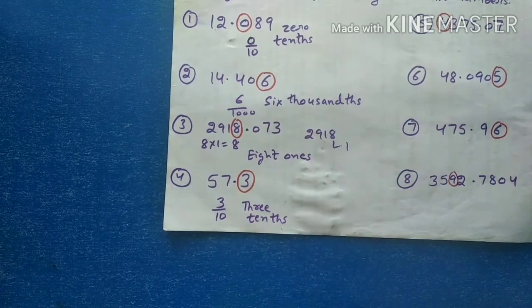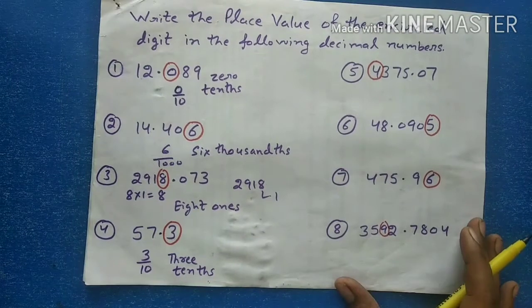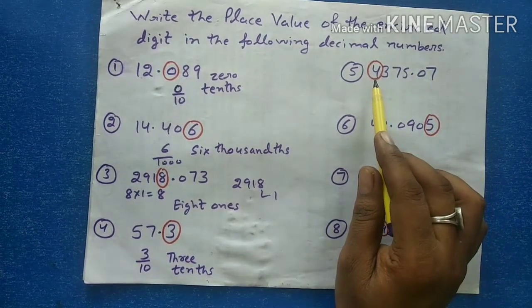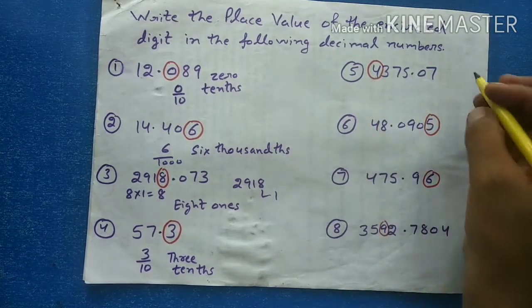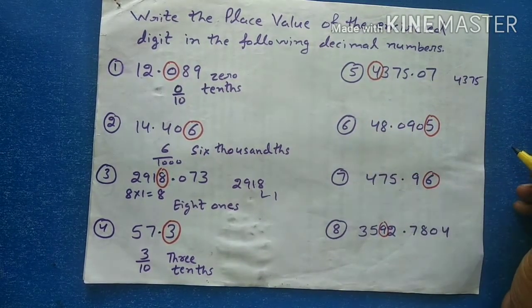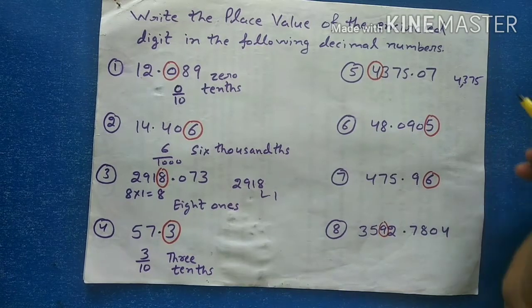Now we are on question 5. Here the encircled digit is in our whole part. So firstly I will write 4375, and because this is in the whole part, we will read it as 4375.